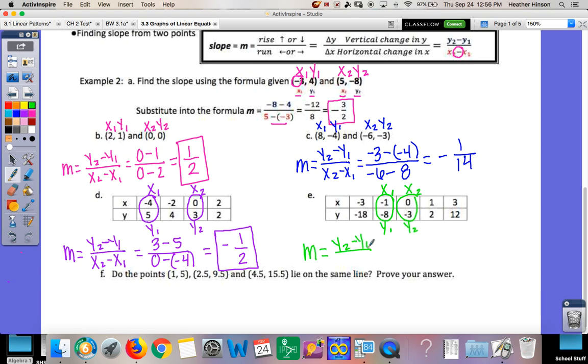y2 minus y1 over x2 minus x1. y2 is negative 3 minus y1 is negative 8, so make sure you get that minus and the negative. x2 is 0 minus x1 is negative 1, so get the minus and the negative.